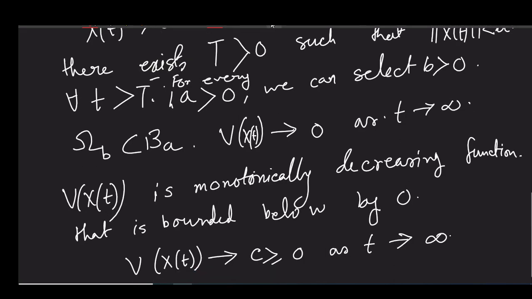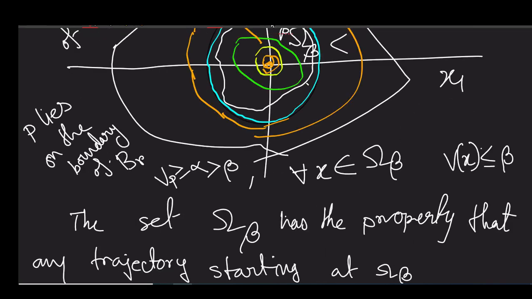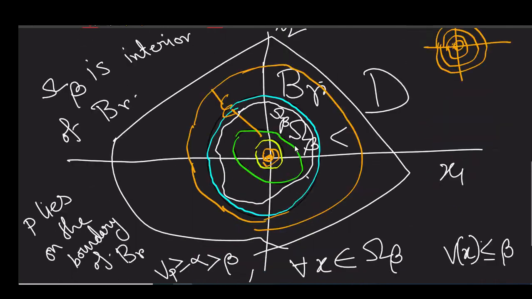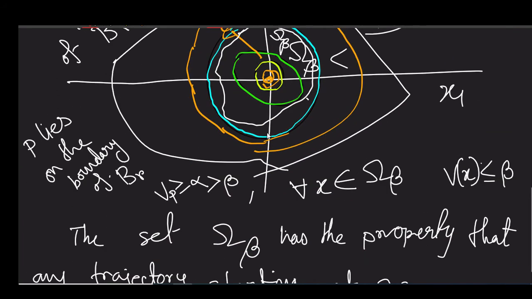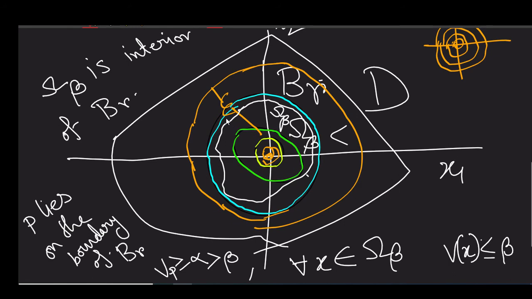Like here, yes, if you see that, continuously we can have bigger omega c, like here we have omega beta, now we can have bigger omega c, and for that we have bigger br, and finally we can realize that omega c will become very large and br will become infinite.